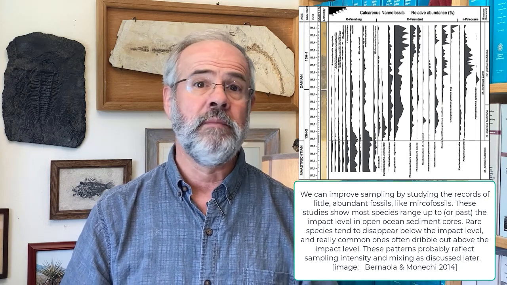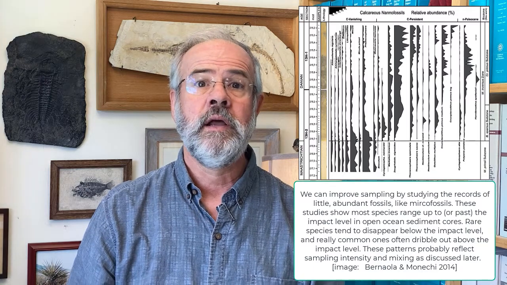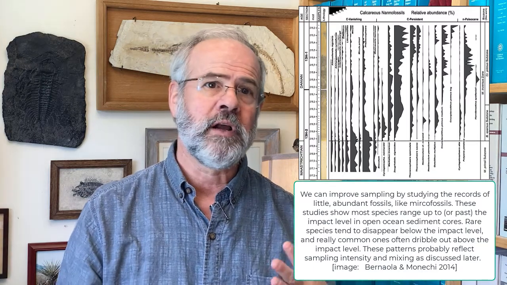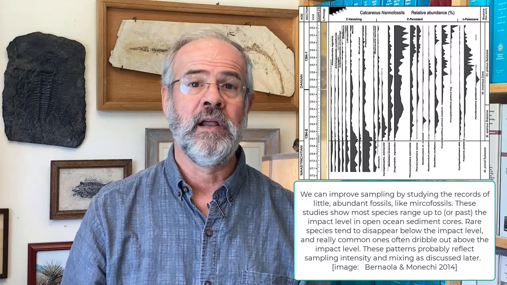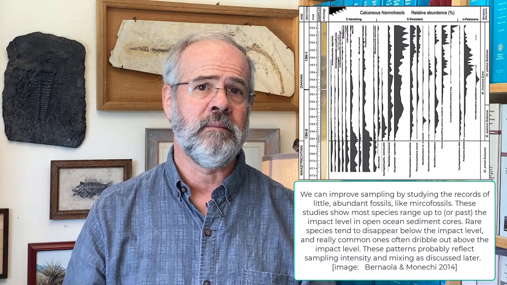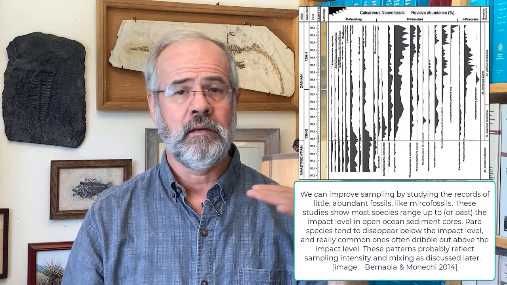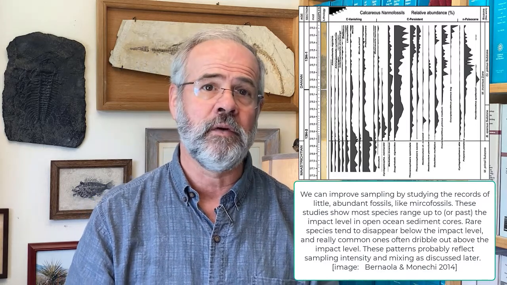Of these, we find more than 50% of those species range right up to the impact level, and then either disappear or more commonly kind of dribble into the Paleocene sediments above the impact level and then disappear. Some species do vanish below the impact horizon, below the KPG boundary, but they disappear closer to the impact layer than the dinosaurs do.